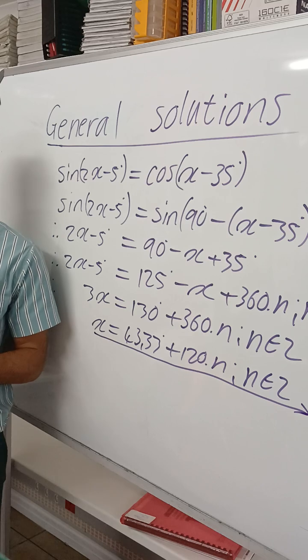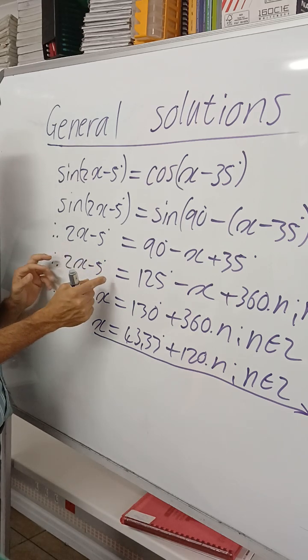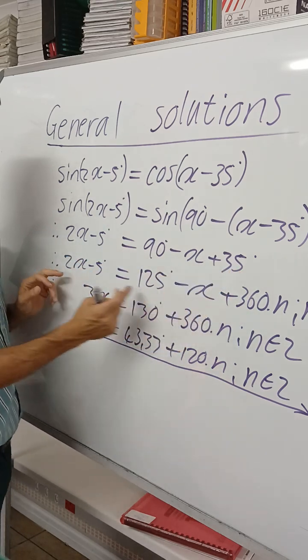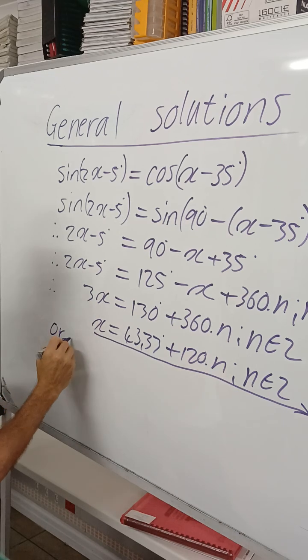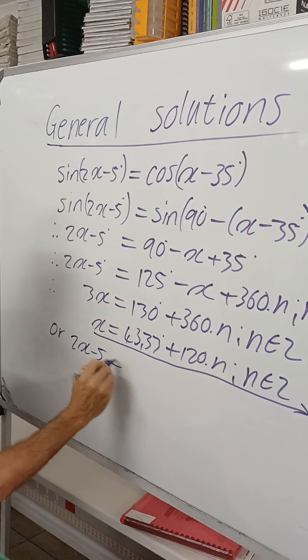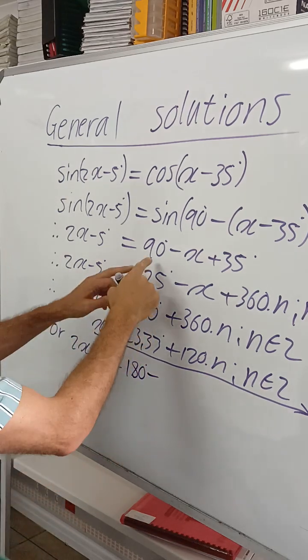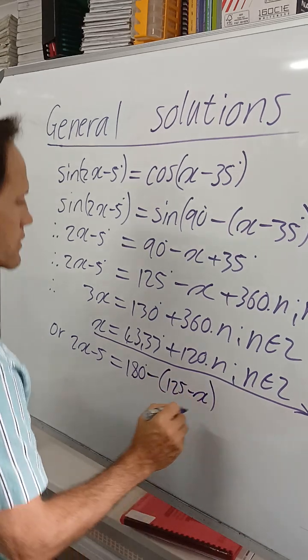Now let's look at the second option. The second option is, if I say this angle must be equal to this, but we simplify it to this, then my second option is that 2x minus 5 must be equal to 180 minus (125 minus x).